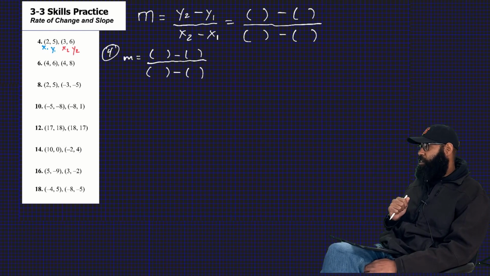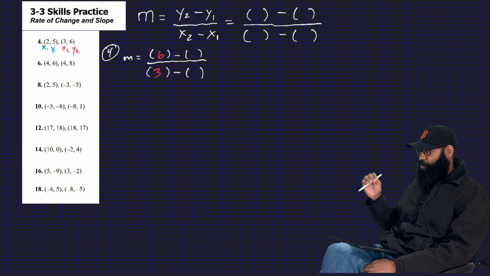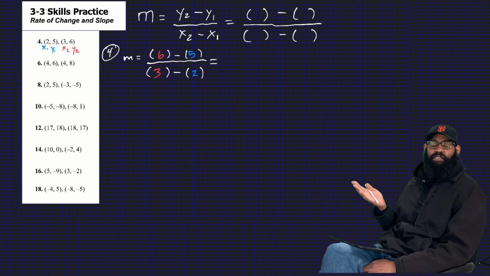So this is where in class I'd say first parentheses, 6. Good, y2. What about the next one? And basically filling it in. So I'm going to start with 6 and 3, my y2 and my x2. Then I'm going to go to my y1 and my x1. Just make sure they're plugged in correctly.